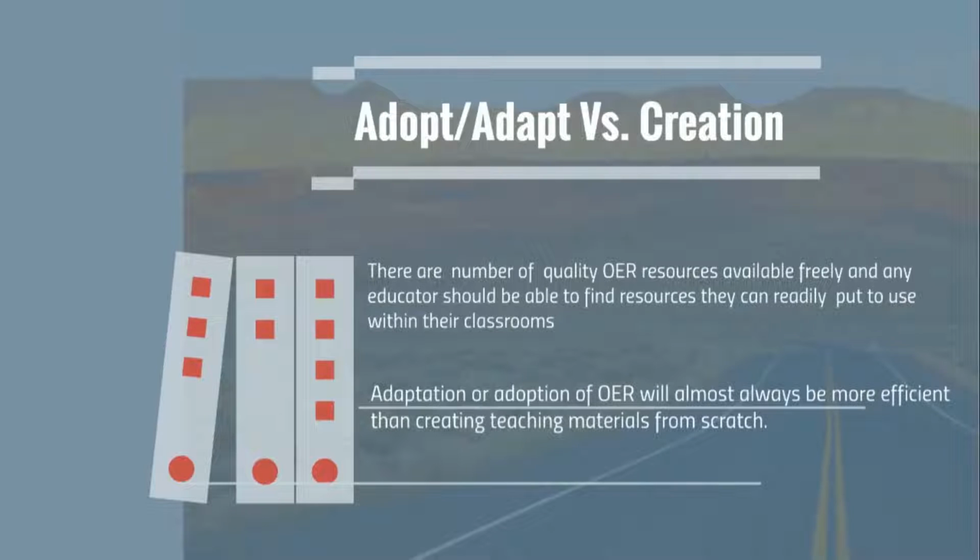However, the number, variety, and quality of OER available freely is such that any educator should be able to find resources they can readily, with or without adaptation, put to use within their classroom. An adoption or adaptation of OER will almost always be more efficient than creating teaching material from scratch.